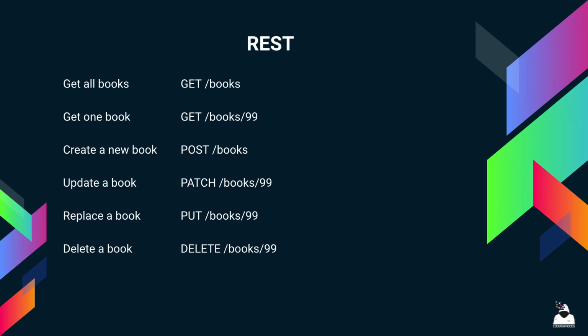Now, as I said, every implementation is different, and there are quite a few edge cases where people will be discussing which one of the methods is actually correct to use, especially between post and put. So, for example, if you have an existing book and you want to add an author to it, would you update the book, or would you create a new author on the server? Or like a new author in the instance of the book.